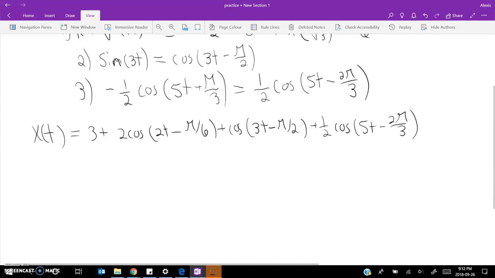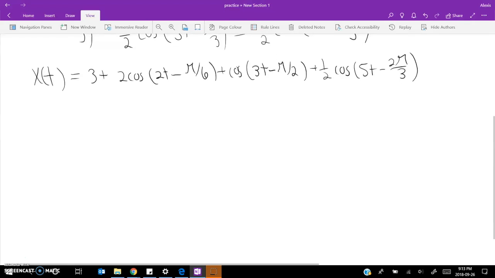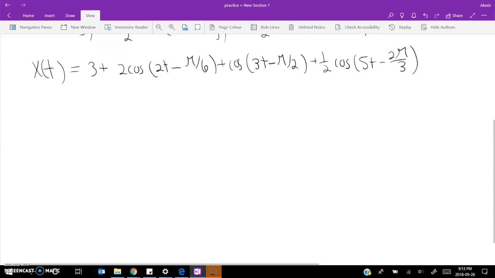So this is our simplified form of our signal, and from this we could extract the Fourier spectra for x of t. So first off, we're going to start with the coefficients Cn on the y-axis and n, which is an integer multiple of the fundamental frequency. So we are going to obtain a graph like this.